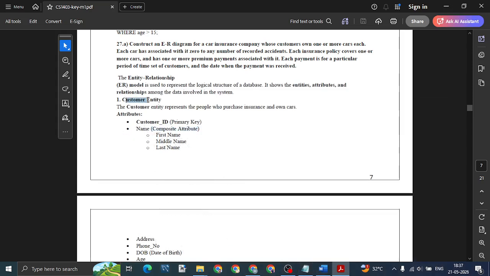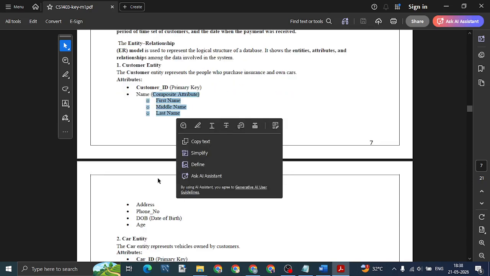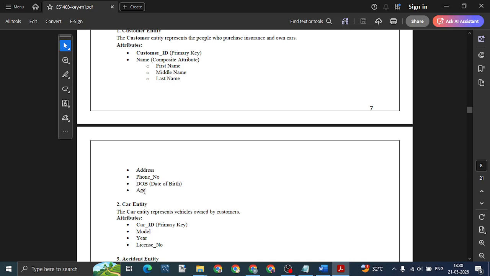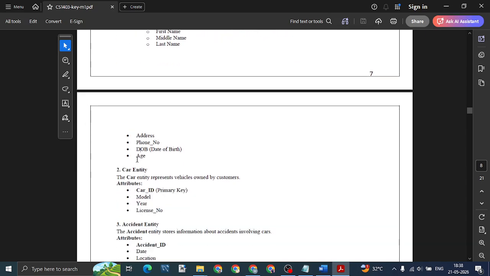Here any customer may have a first name, middle name and last name. So inside my customer entity the name is a composite attribute, followed by the address, phone number, date of birth and age. These are a few attributes of my customer entity.